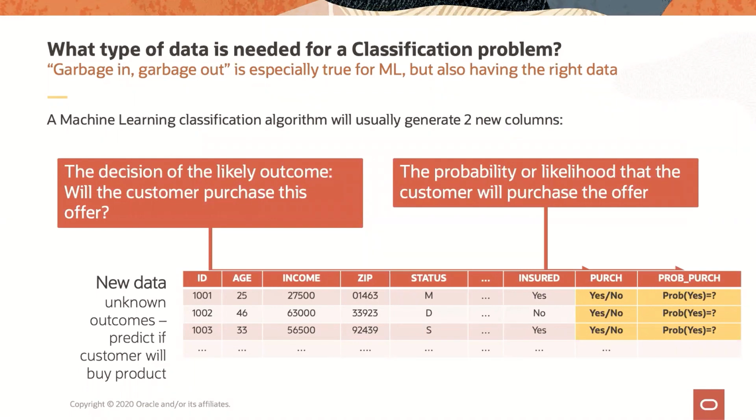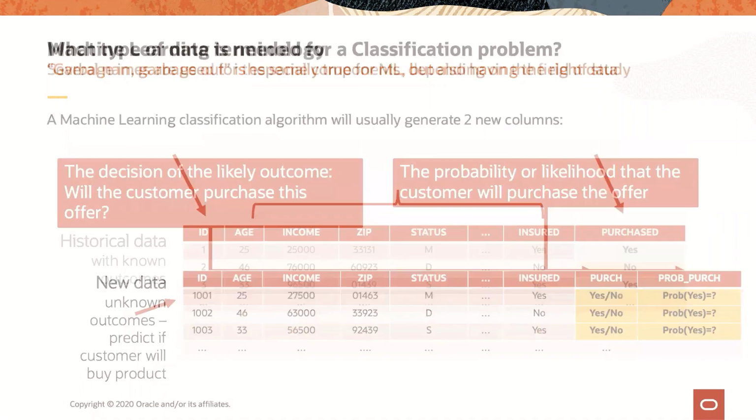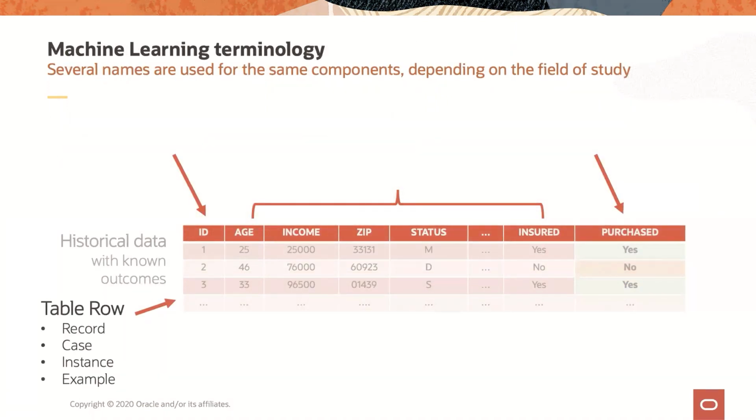So we're looking at whether a customer has the likelihood, or what is the most likely outcome that the model decided, right? Yes or no, and the likelihood, right? The probability there. So several names are used, right, for different components depending on the study, on the field that you're looking at.